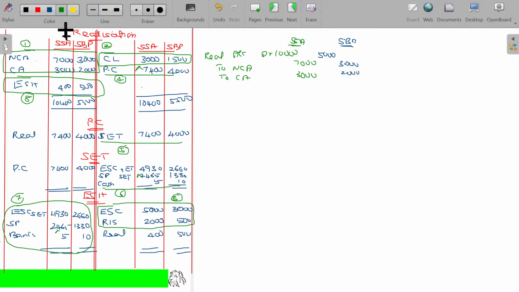Right, second one. Second one being current liabilities account debit to realization, the value being 3,000 and 1,500.